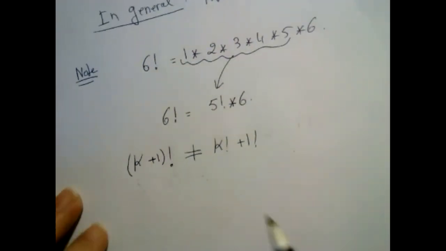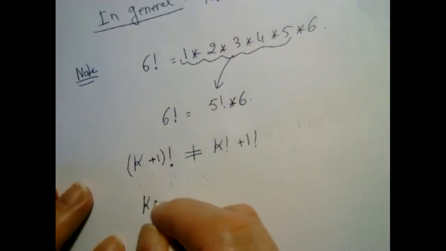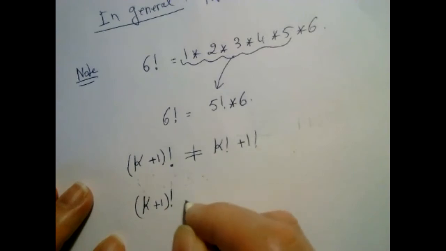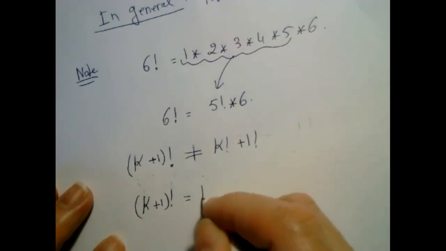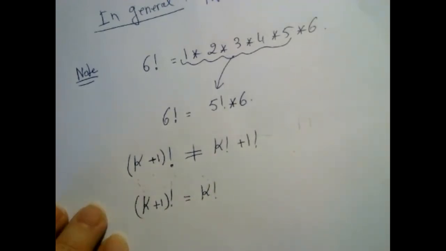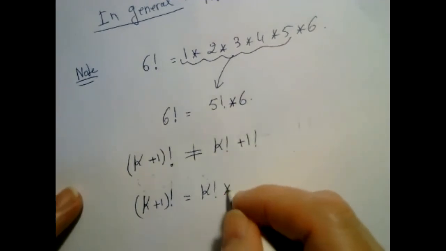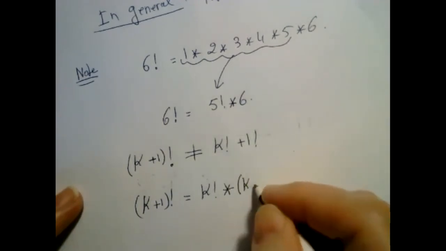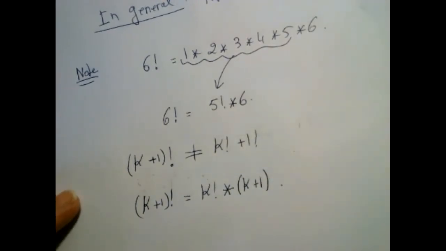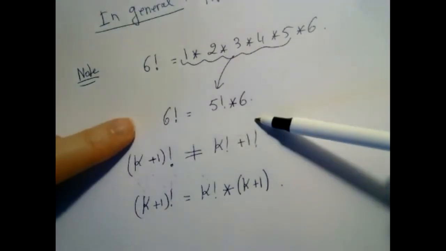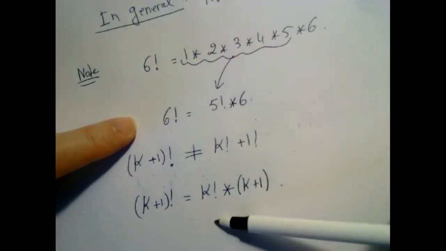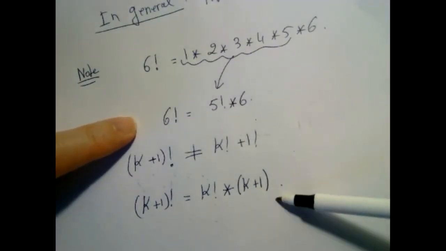But what's the relationship between k plus 1 factorial and the one before it? What's the relationship between those in general? Is it k factorial times the quantity k plus 1? Absolutely correct. Okay, for the same reason as here. So k plus 1 factorial is k factorial times k plus 1.